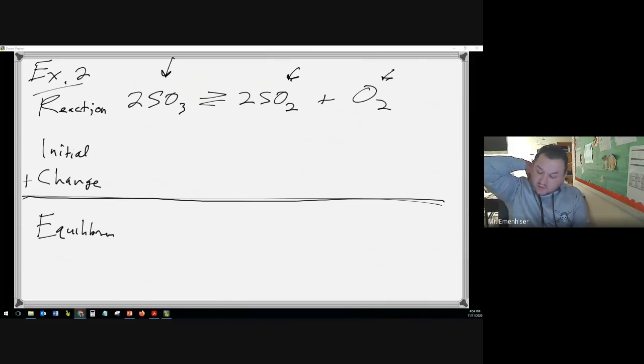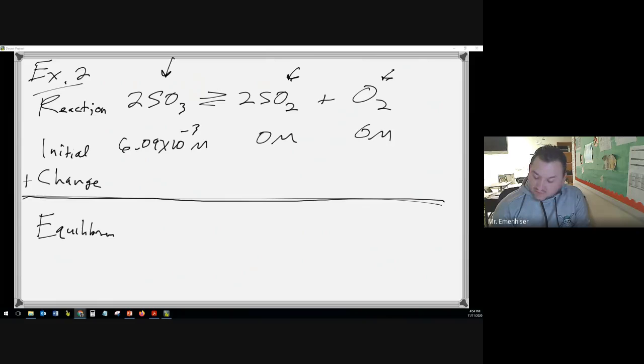All right, so we are told that our initial concentration is 6.09 times 10 to the minus 3. We have none of this. We have none of this. And we may have done this one in class, and I hope we didn't. But if so, we'll just do it again real quickly.